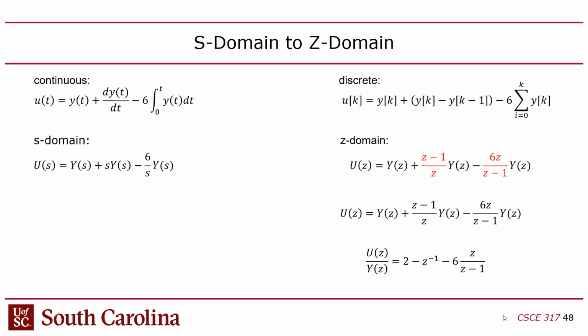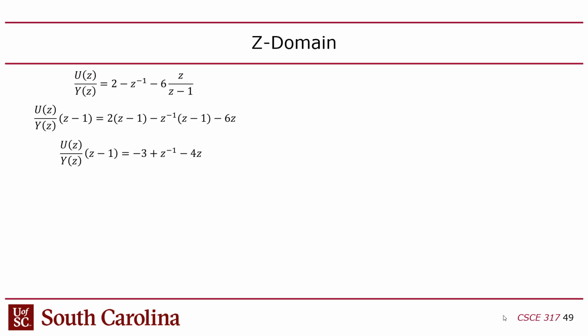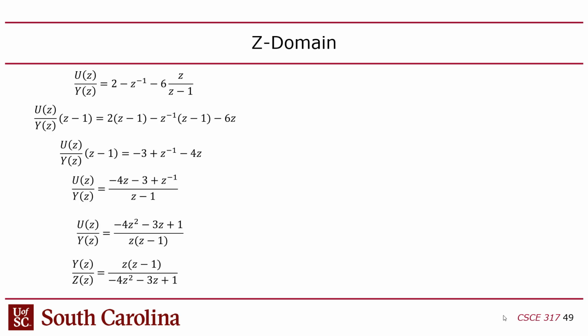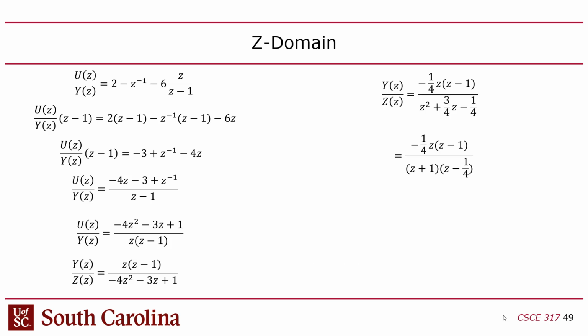So I did that, and basically this is the z domain representation of this S domain system. Then you have to get a ratio, because I want to find the poles. I need a denominator I can find the roots of.